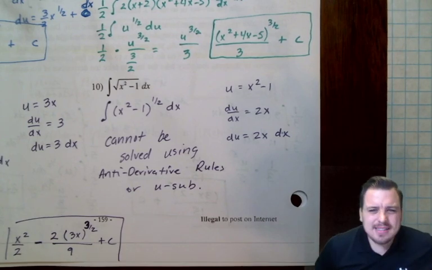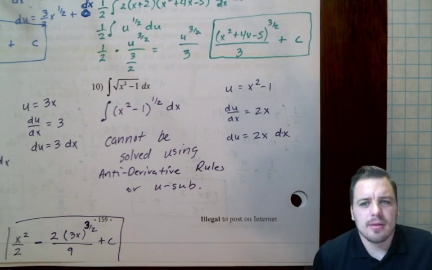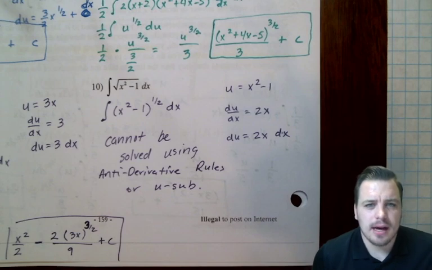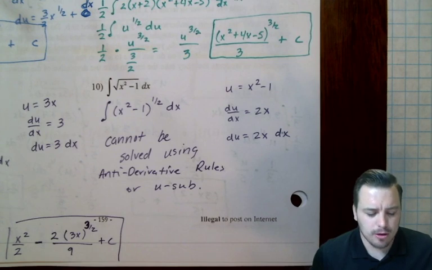So you will not see one like that on the AP exam. That would be a later course where you would learn how to do something like that when U-Substitution and your antiderivative rules would not work. Okay?